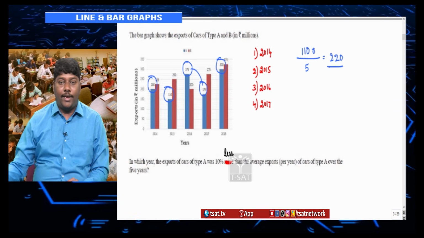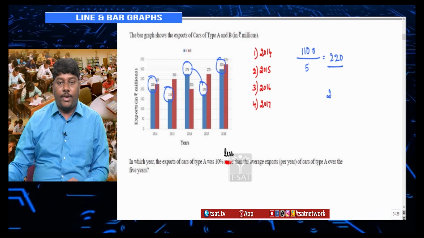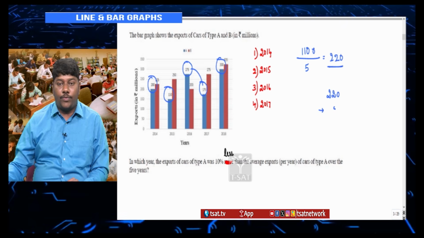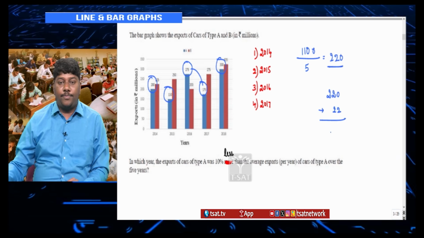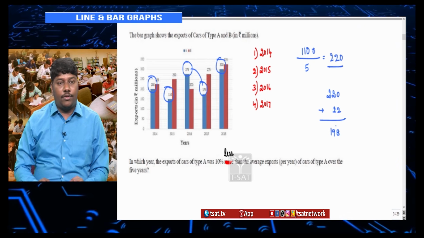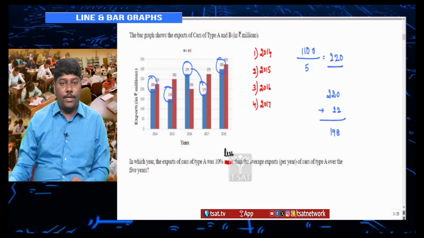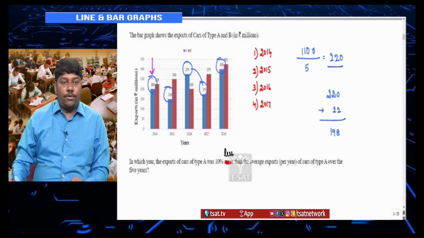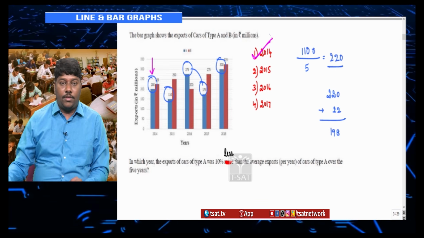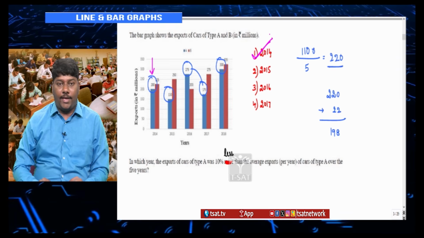Therefore, 220 is the average. I want it to be 10% less than the average. What is 10% of 220? It is 22. Therefore, it must be very close to 198. Which data is very close to 198? So, in 2014, the data is very close to 198.